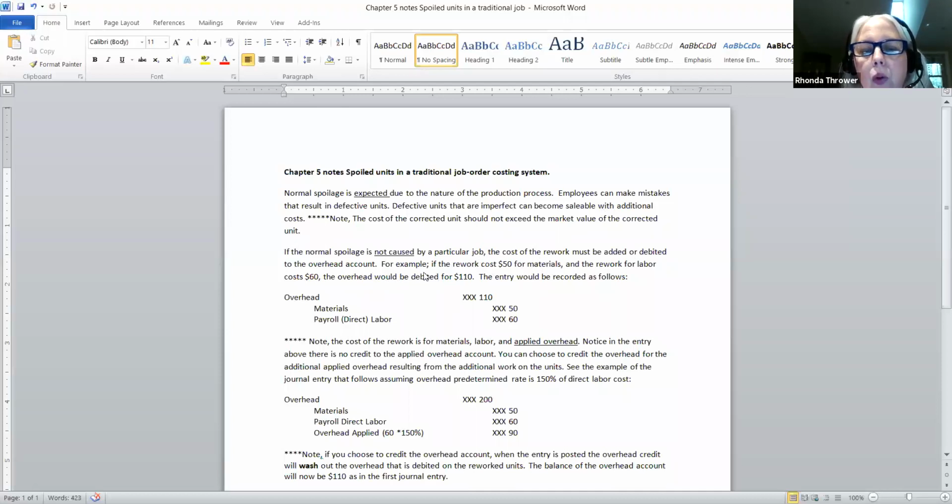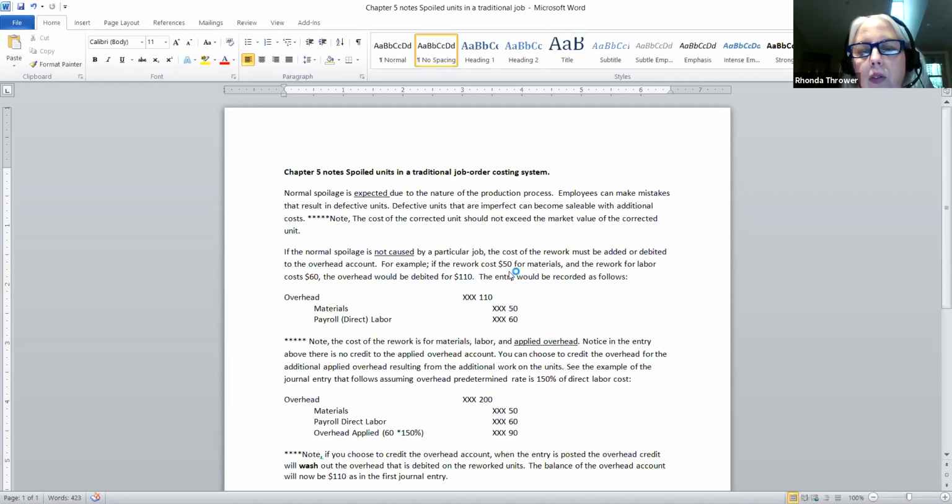It says, for example, if the rework cost is $50 for materials and the rework labor cost is $60, so we're trying to take those units that were spoiled and add some cost to them that'll bring them up to where we can still sell them, so that they're still marketable.